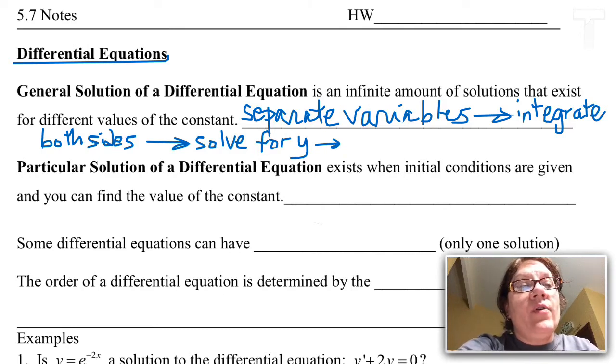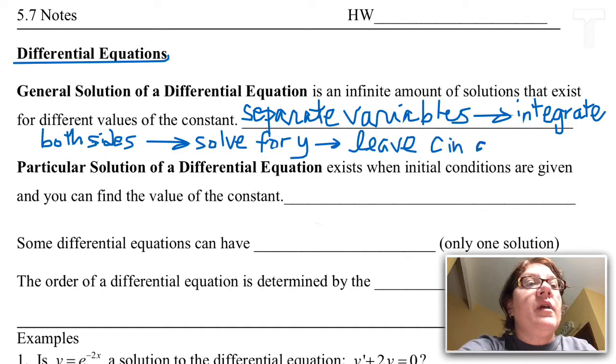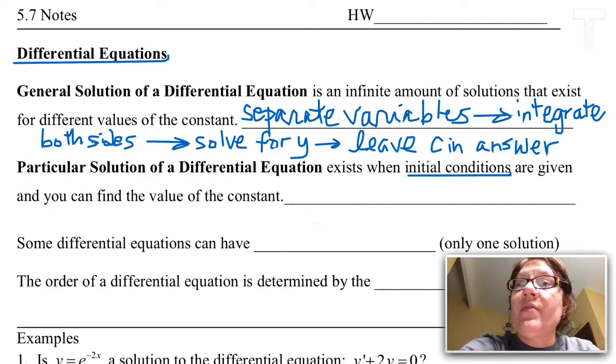And then, of course, for the general solution, it will have c in the answer. Now, if we want to get to a particular solution, we'll need an initial condition so that we can solve for c.